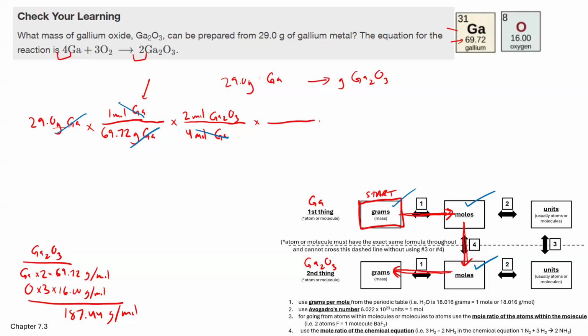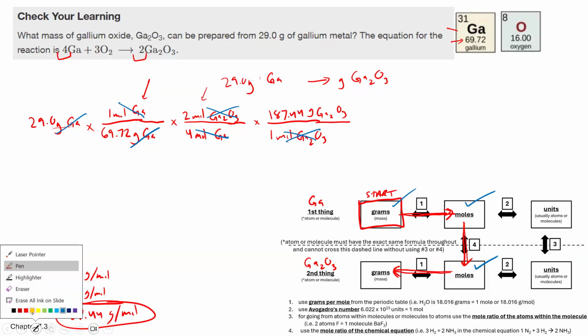We convert that to now grams of gallium oxide. Because moles is up top here, we need moles on the bottom here, gallium oxide. And we're going to use this number here: 187.44 grams of gallium oxide. All right, last cancel out: moles of gallium oxide.